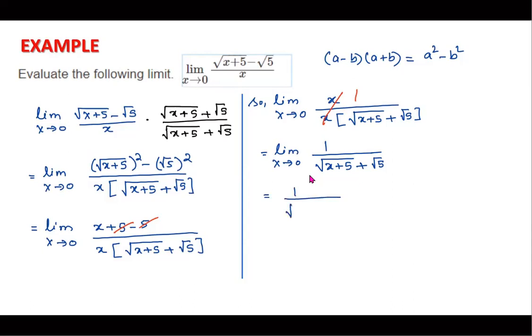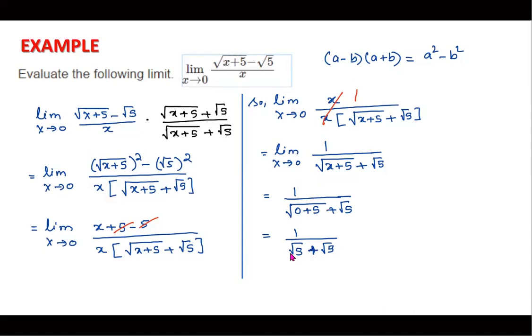It will be 1 over the square root of 0 plus 5 plus the square root of 5, which is equal to 1 over the square root of 5 plus the square root of 5. That's plus, right? 0 plus 5 is 5.